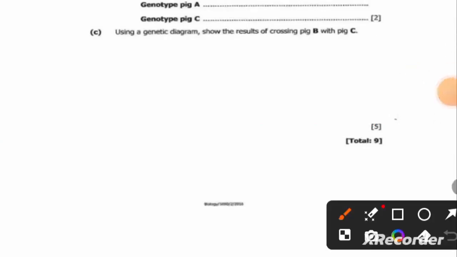Question C reads, using a genetic diagram, show the results of crossing pig B with pig C. We are saying pig B has the genotype capital B, small b, and then we have small b, small b.